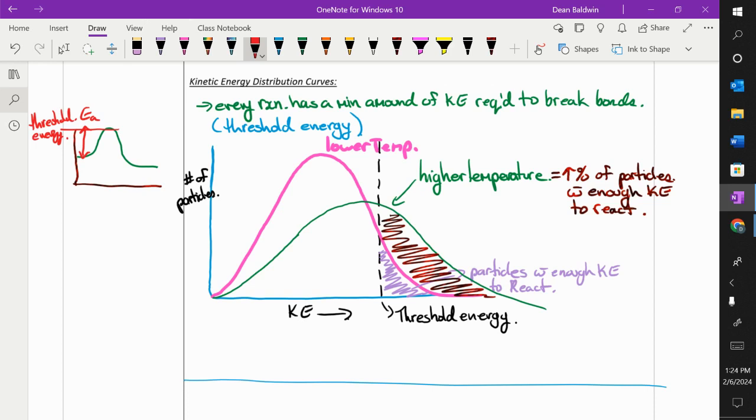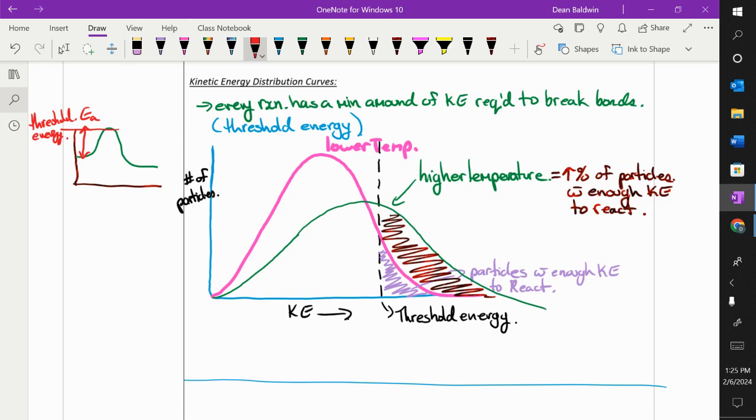Basically, all the molecules here have an average kinetic energy if you averaged them out. Activation energy is how much energy you have to add to these molecules to push them past the threshold. The threshold is set. The threshold is from here all the way to the top.